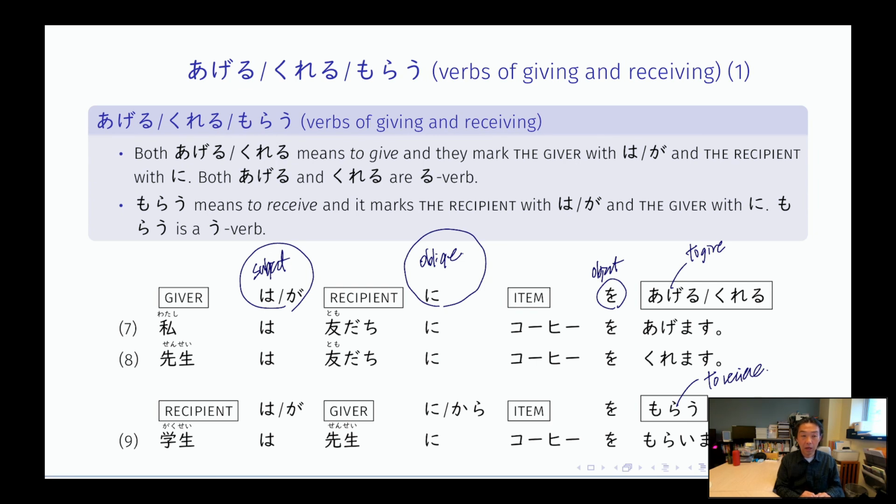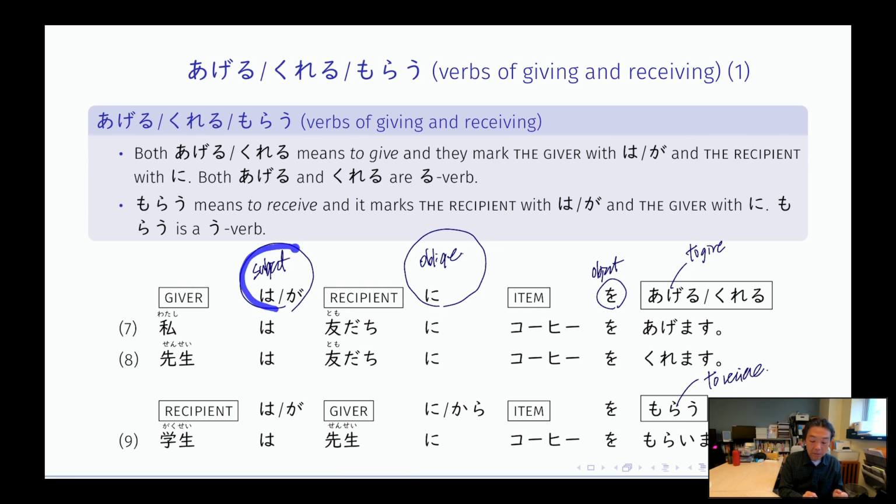Okay, it's a little confusing, so just to recap, remember you have to have three things when you talk about giving and receiving. One is the giver, the recipient, and the item, right? So you have to have three things in a sentence. Since you have three things, you have to have three different markers, the Japanese particles, right?